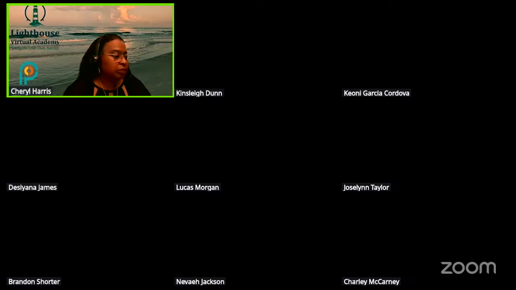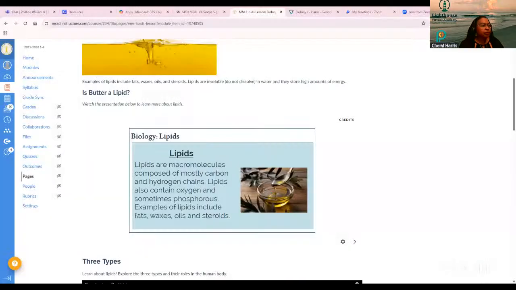Then go to Canvas. We're going to see if we can get through lipids and nucleic acids today. We're going to give the chart a quick review, and then we'll move on to lipids.